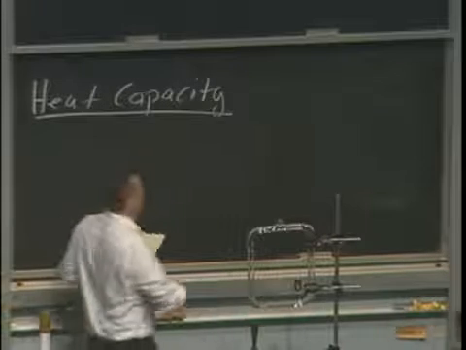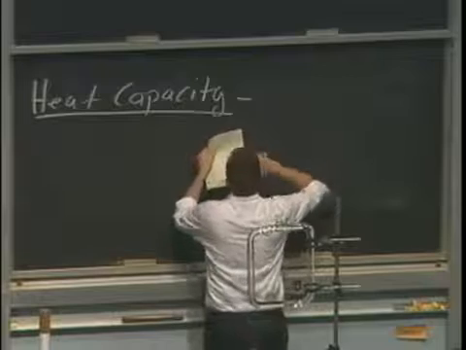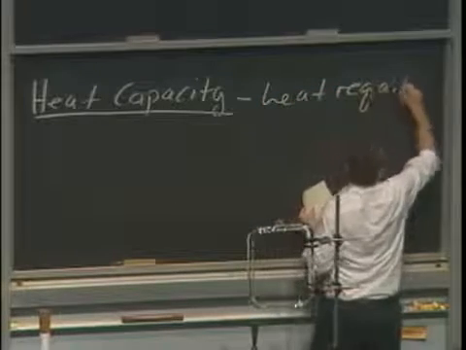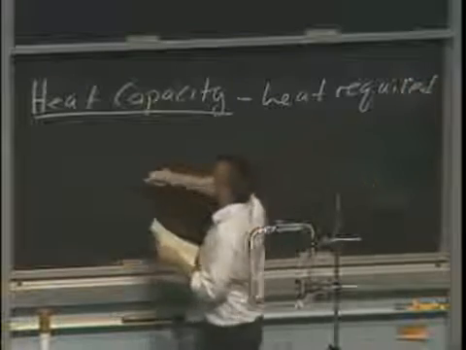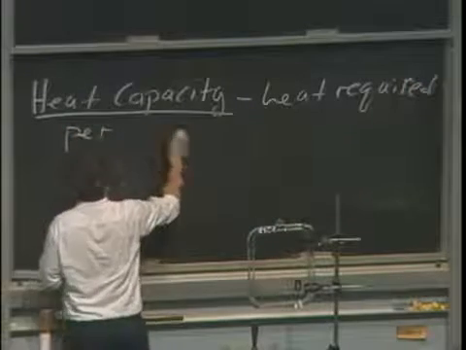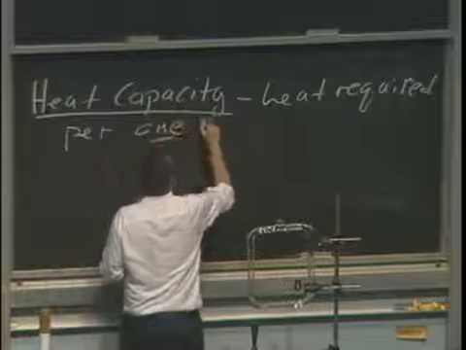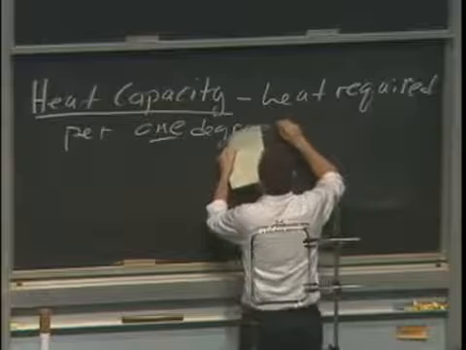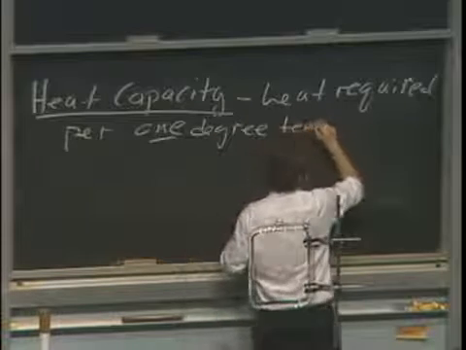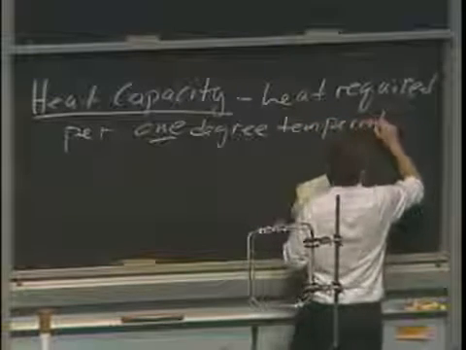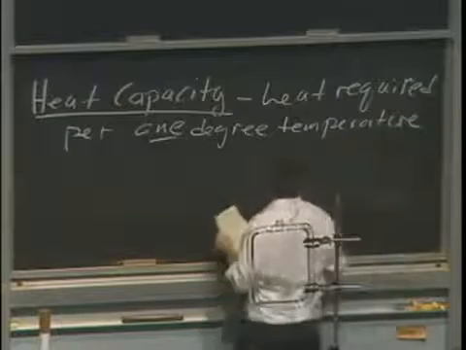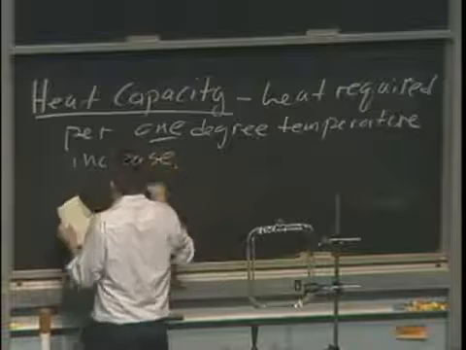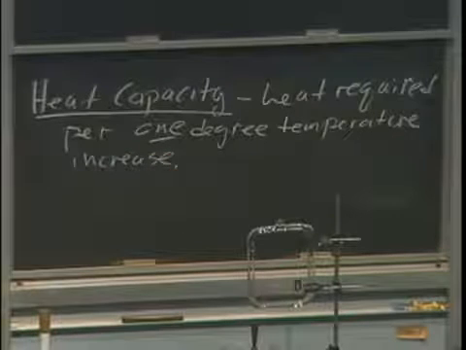So heat capacity is specifically defined as the heat required per 1 degree temperature increase. Okay, so that's for a given object.